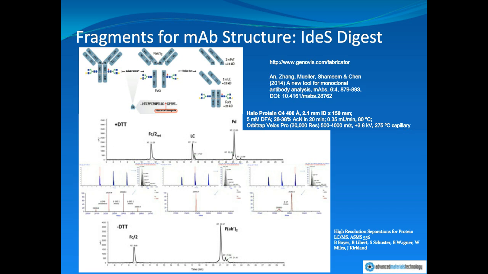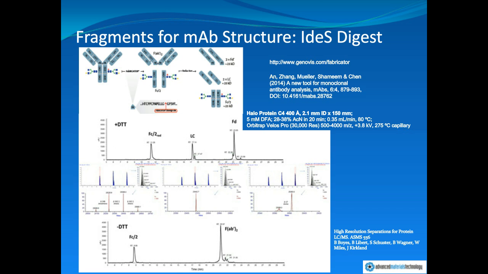And we typically do this kind of digest with and without DTT so that we can resolve actually we can resolve all of the different fragments that you could generate this way. We run them in pairs so that we get the F(ab')2, the Fd fragment, the light chains and their variants when they're resolved, as well as the Fc chains that can be resolved.